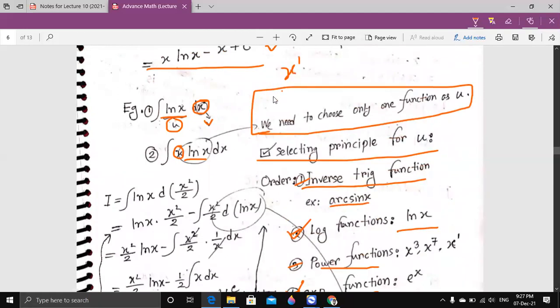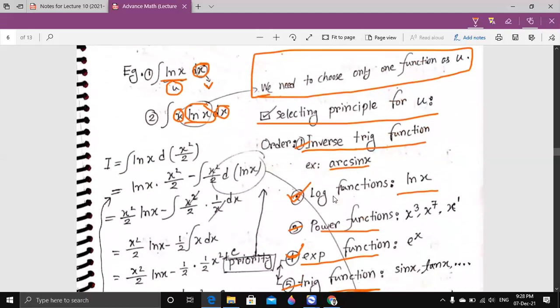So we have to firstly consider the log function from the selecting principle for u. So ln x will be u.